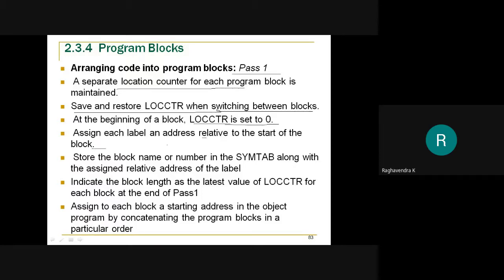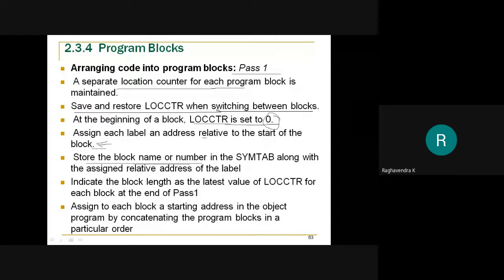Every block will have its own respective location counter. It's going to start with 0, and every symbol that is present in that particular block is going to be assigned an address relative to the starting of the block. Okay, so that is one thing.